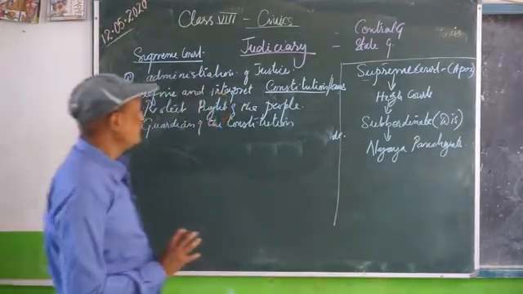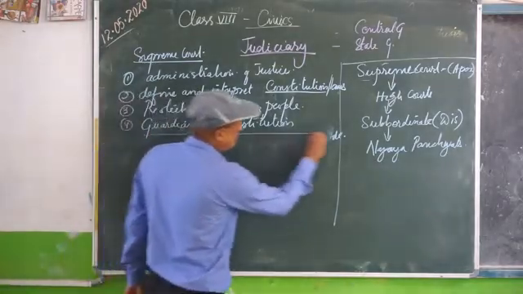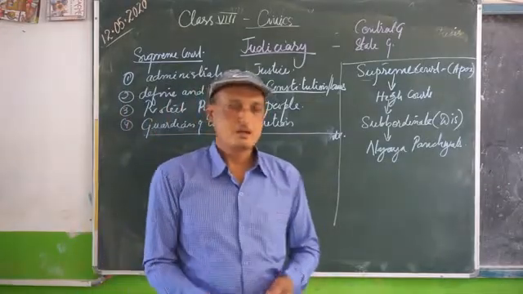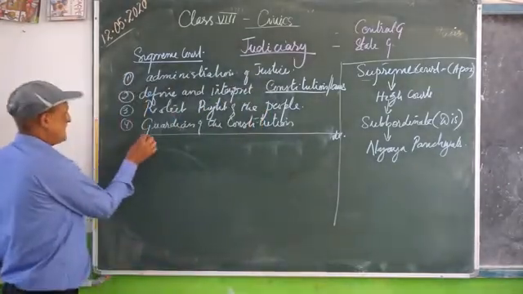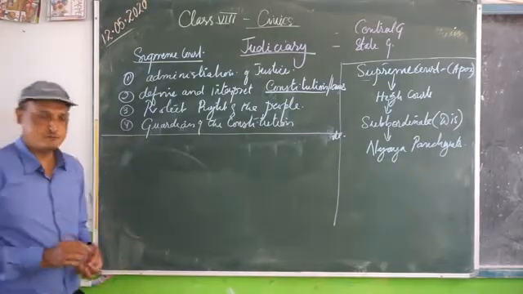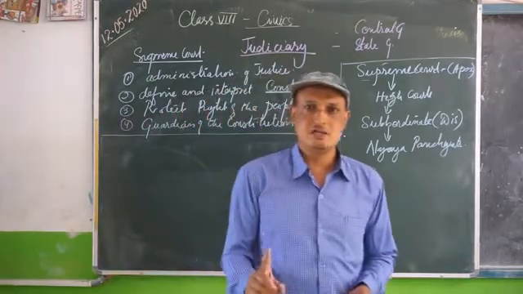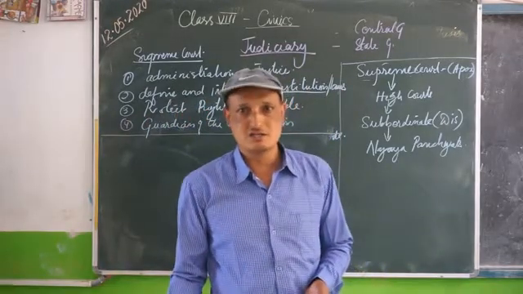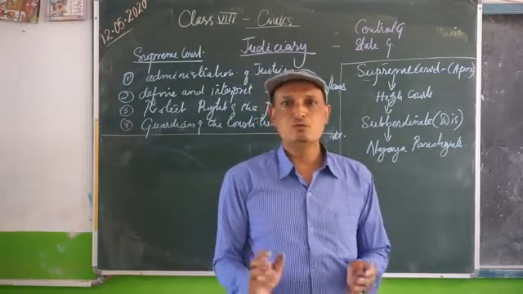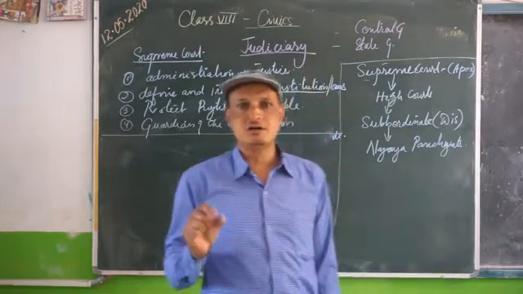Okay, now the next thing that we need to know is the qualifications required to be the Chief Justice of India or to be appointed as a judge of the Supreme Court. As told just now, the Supreme Court of India consists of one Chief Justice and other judges who are appointed by the President. Now, who can be the Chief Justice or the judges of the Supreme Court?